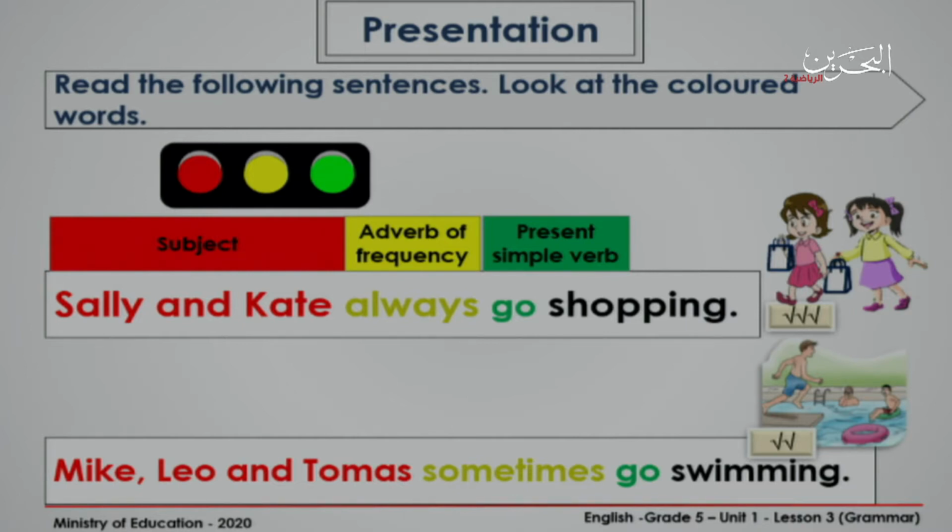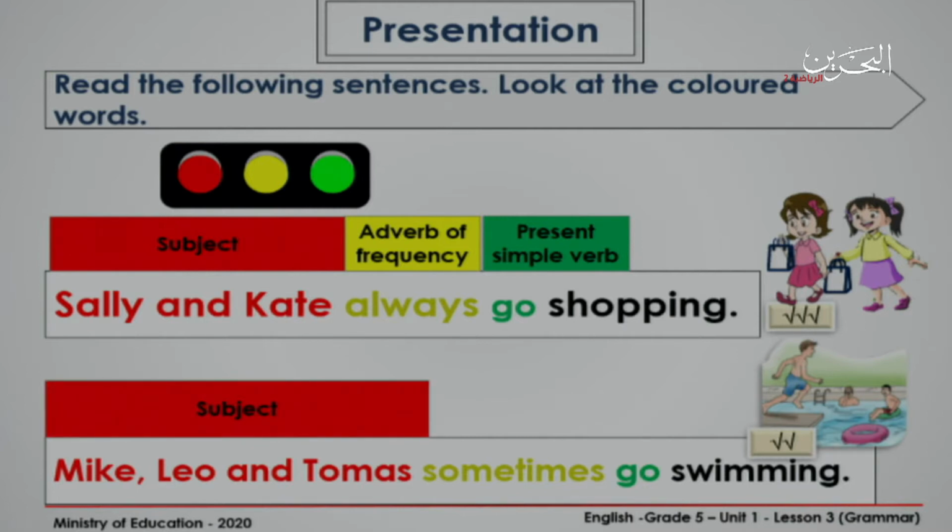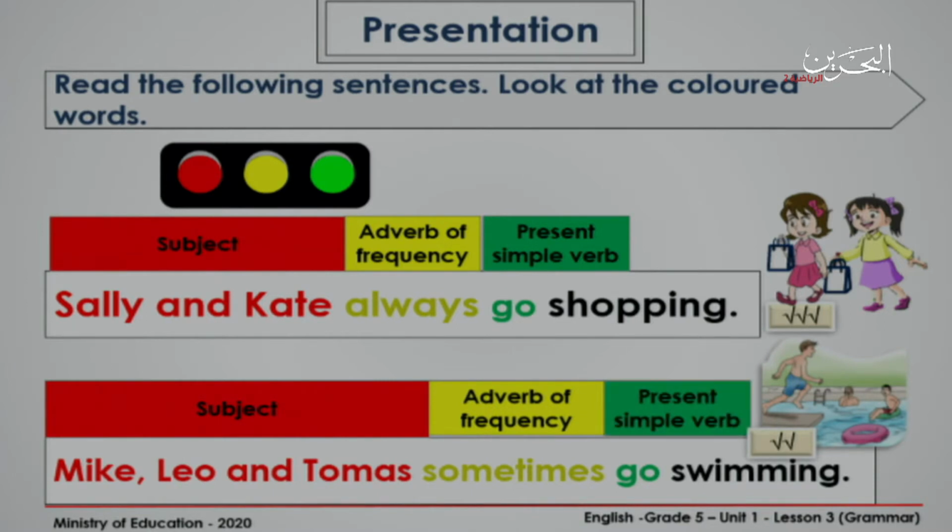Where's the subject? It's Mike, Leo, and Thomas. Or you can use the pronoun they. Then we have sometimes. It's the adverb of frequency. And then you have the verb in the present simple form. We have go, and then you complete the sentence.